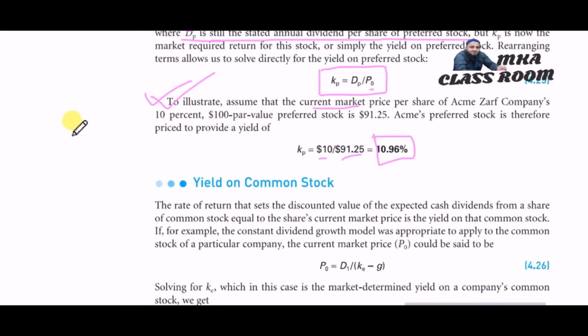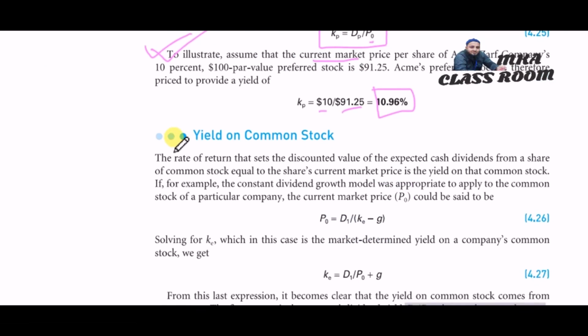After that we will see the yield on common stock, or the rate of return on common stock.